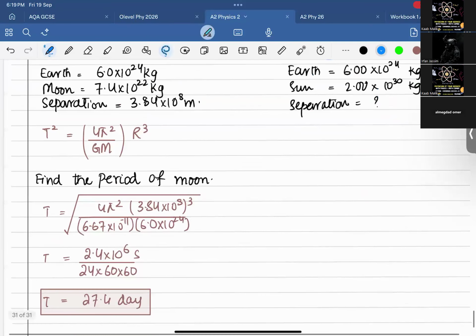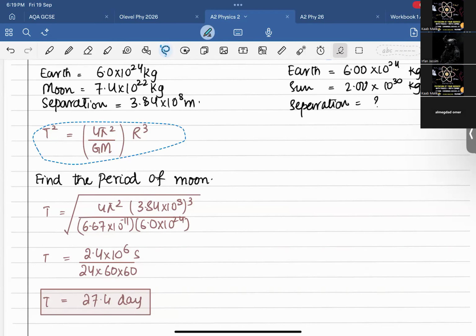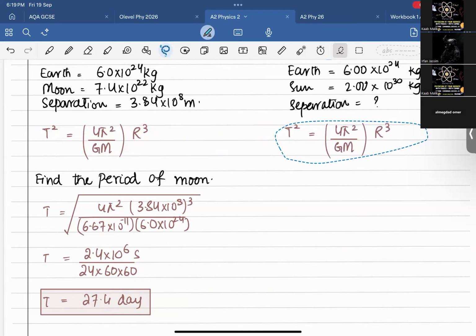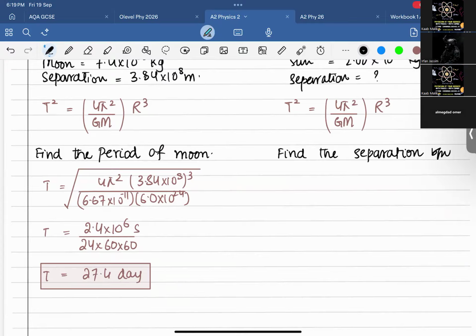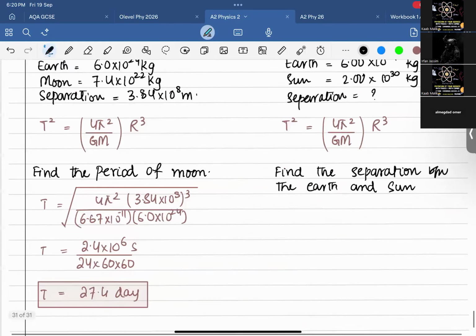You have to use a similar thing. Find the separation between the Earth and Sun.